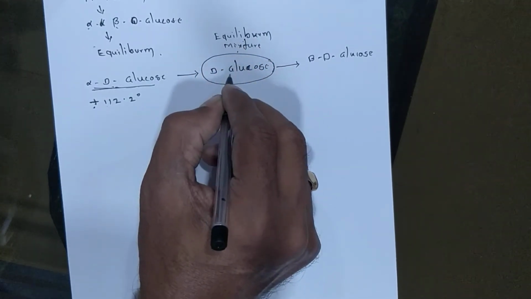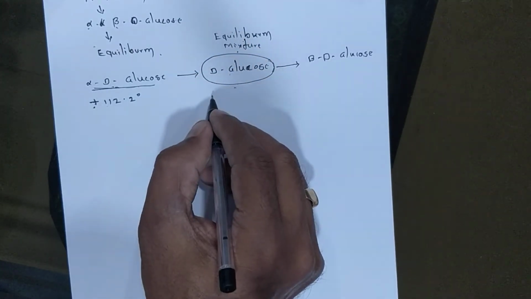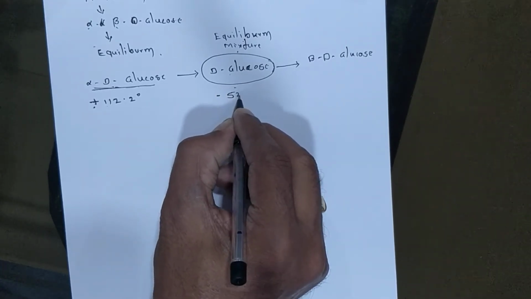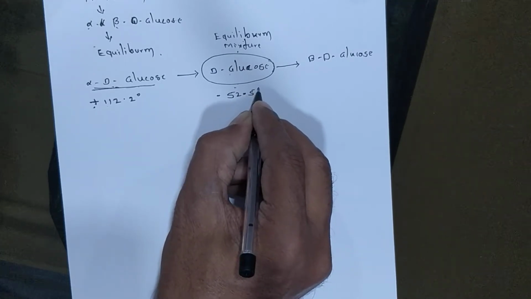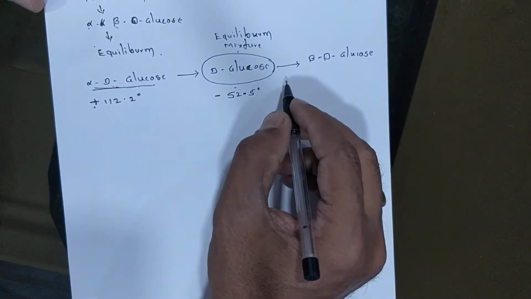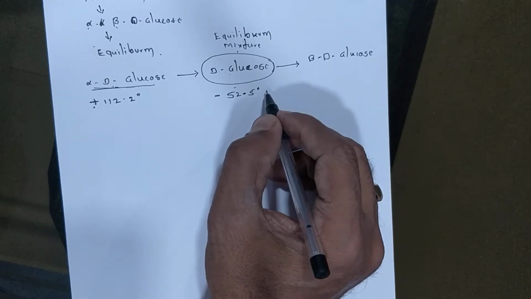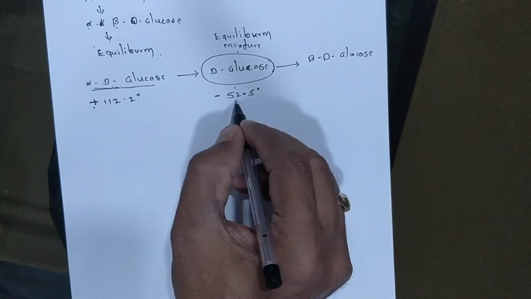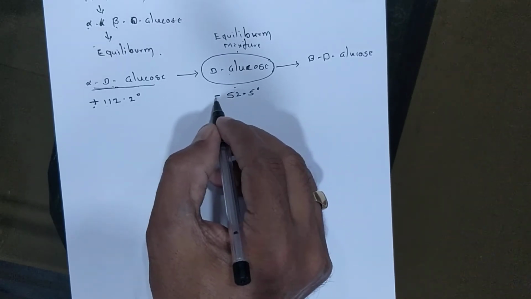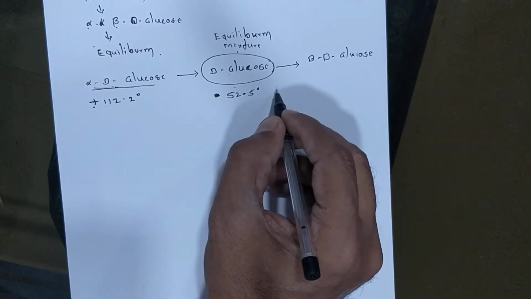Because it has both alpha and beta, they are a mixture, and here the optical rotation is 52.5 degrees, okay, and it gradually changes to the equilibrium. The constant value, this value should be the constant 52 degrees.